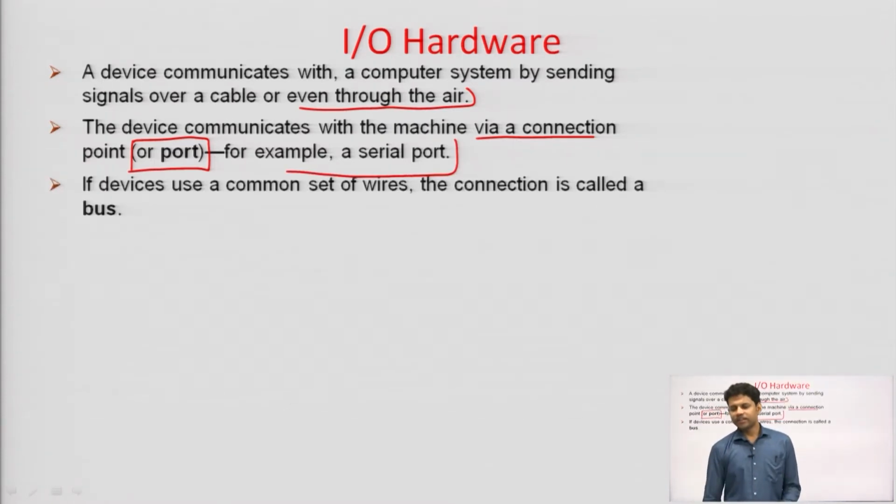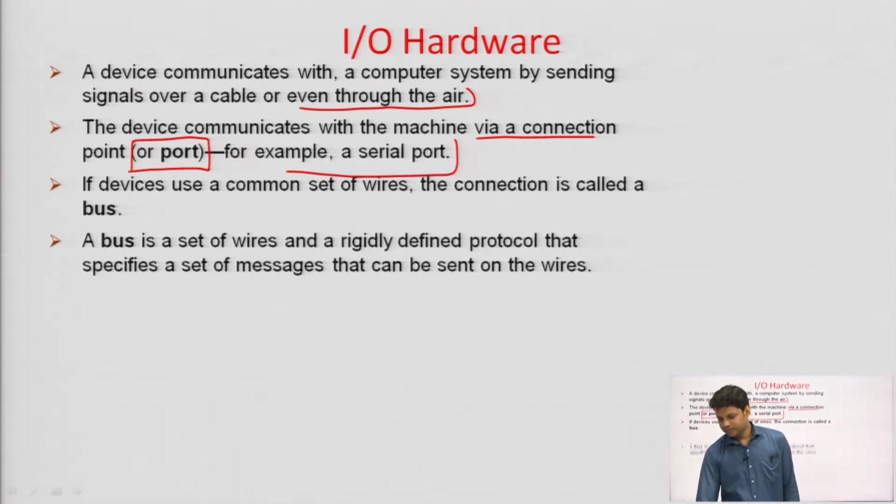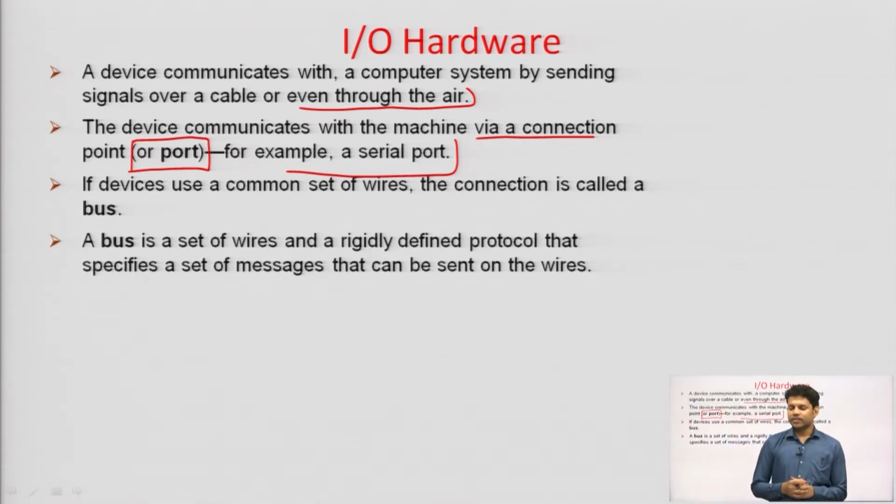If devices use a common set of wires, the connection is called a bus or the system bus, which we will see in the diagram. A bus is a set of wires and a rigidly defined protocol. Protocol means a set of rules, and it specifies a set of messages that can be sent on the wire.